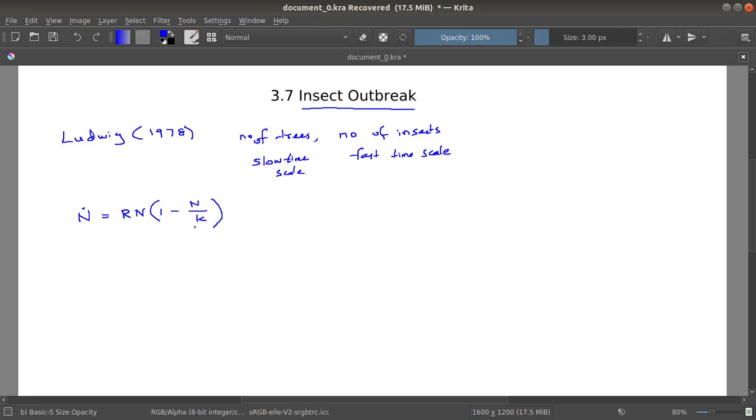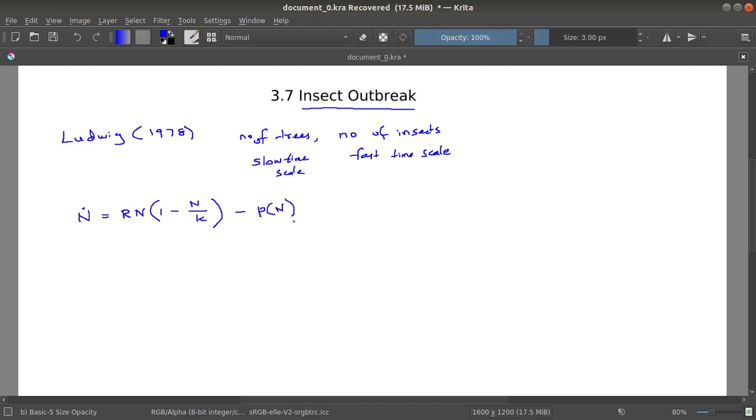But this is the logistic equation. In this logistic equation he added a correction, a function p, which is a function of n.